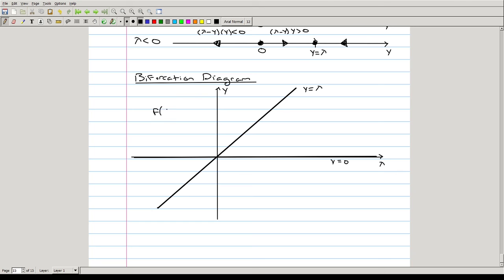this function f of y, lambda, is going to be negative in this region. It's going to be positive in this region. It's going to be negative in this region right here.